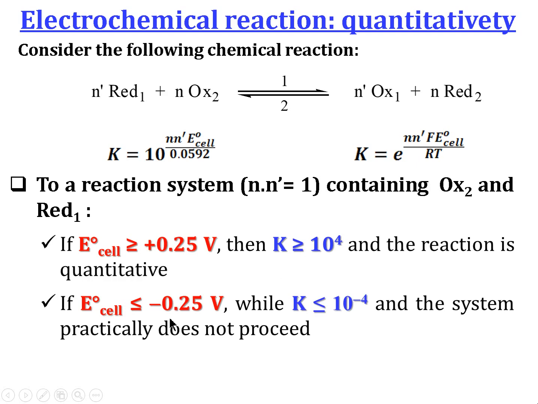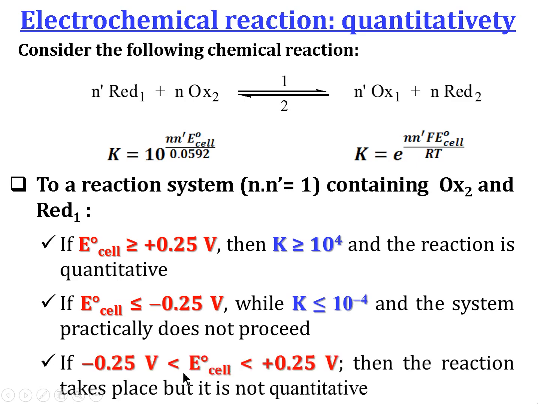If E0 of the cell is less or equal to minus 0.25, K is less or equal to 10 to the power minus 4, and we can suppose that this reaction did not proceed practically. And if E0 of the reaction is in the range minus 0.25 to 0.25 volt, the reaction takes place, but it is not quantitative.